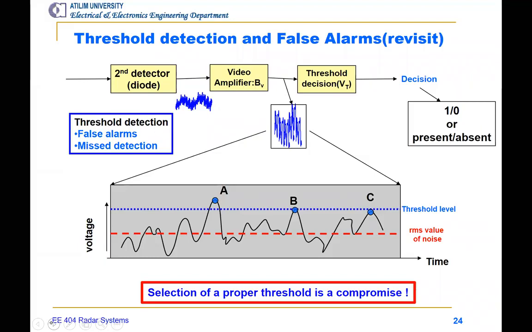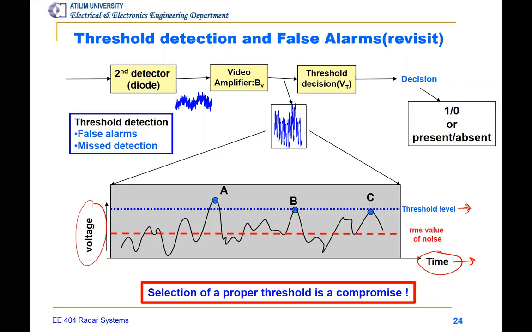Here we got a received signal over time and the voltage, and we got a threshold where we measure the sample echo signal and compare with the threshold. If it is less than this threshold, we report that that's a noise.